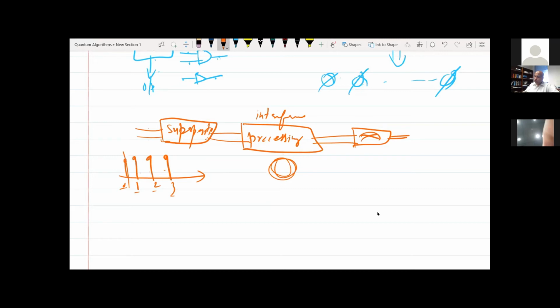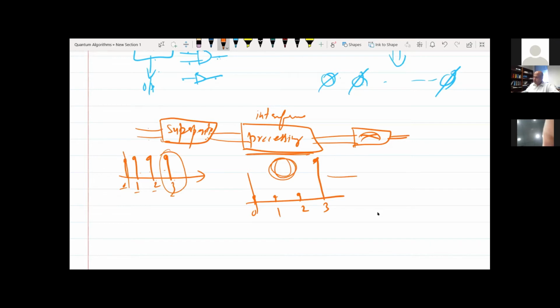Because if you have 2 qubits, at the end when we measure, we only have one of these 4 possible states. Suppose, for example, in the answer we want 3. Then the job of this processing part is to increase the amplitude of state 3 and decrease the amplitudes of the other states.